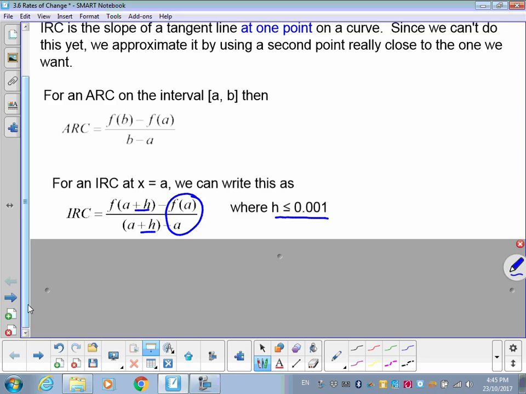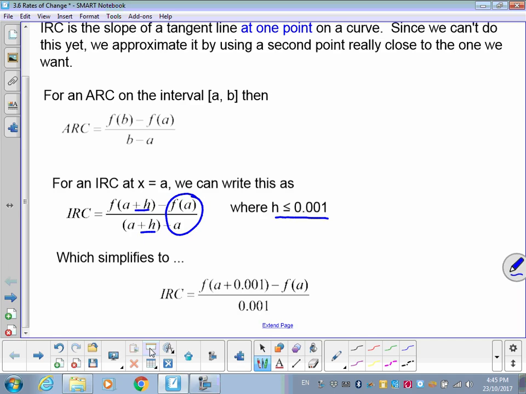Well, if we put that into the formula instead of h, like we literally put in the 0.001, take a look at what happens to the denominator. We get a plus 0.001 minus a, and that all simplifies to f of a plus 0.001 minus f of a all over 0.001.